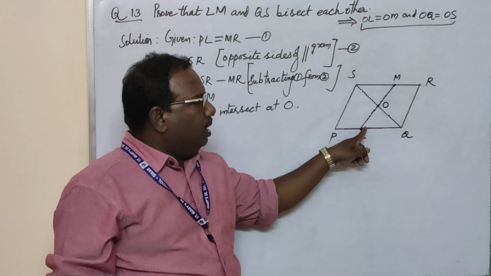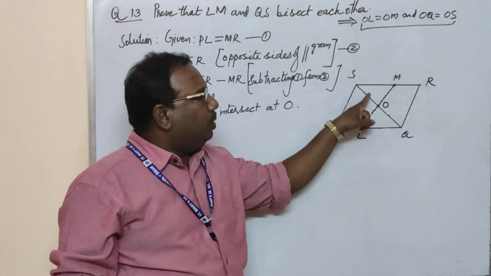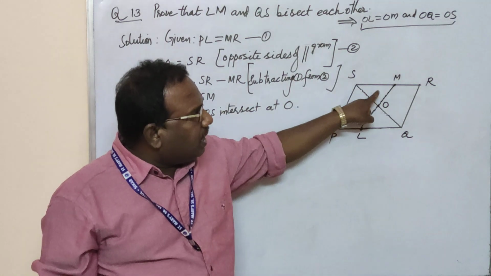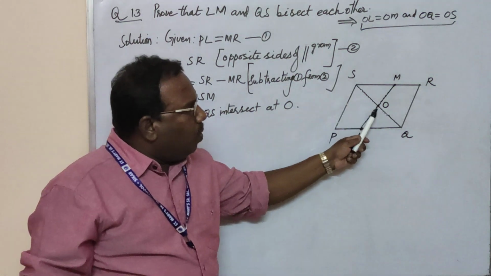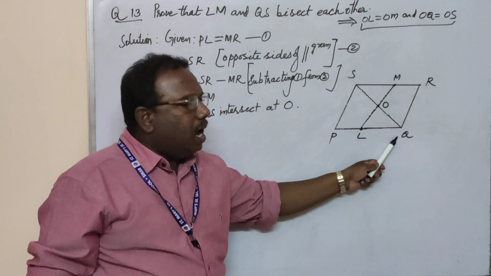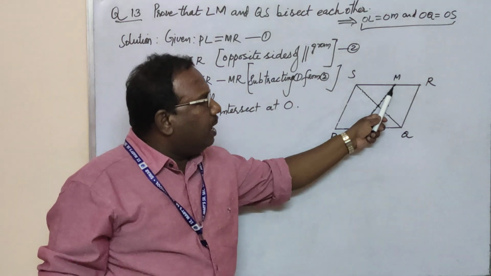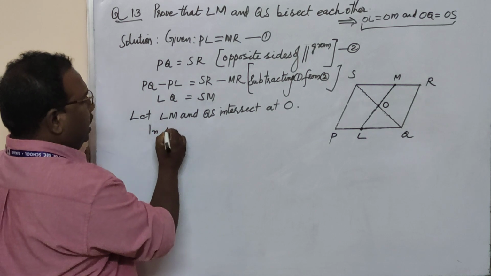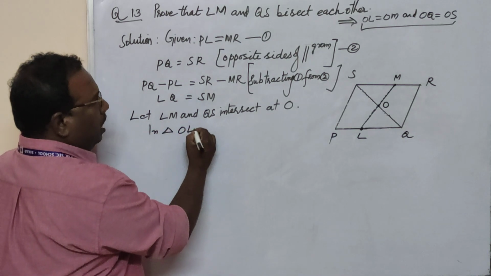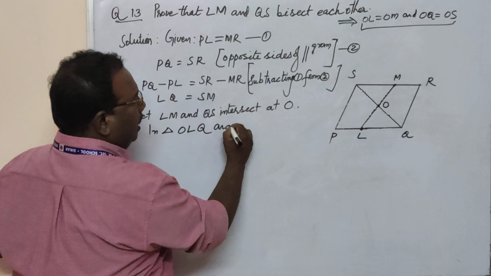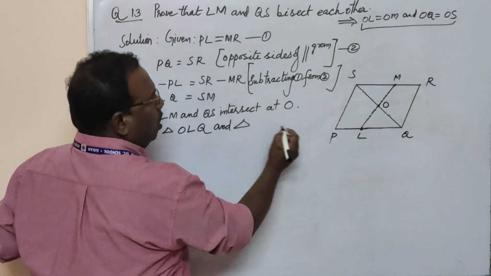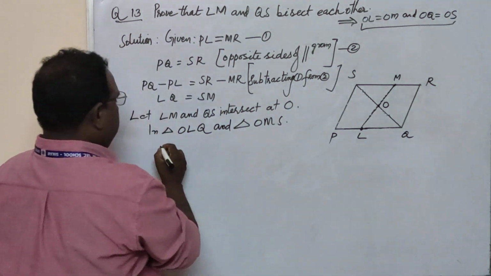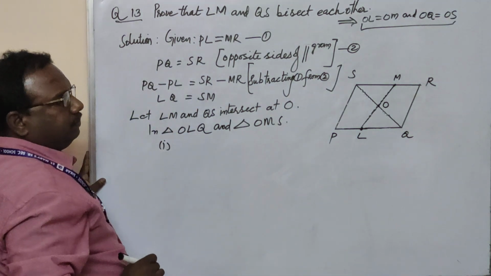We said let LM and QS intersect at O. So we are getting two different triangles: one is OLQ, the other triangle is OMS. Let us choose these two triangles. In triangle OLQ and triangle OMS, we can write points. 1.